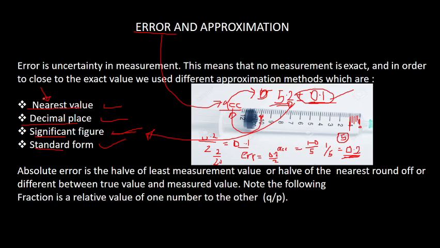But basically, absolute error, that's known as the real error itself, is equal to real value minus observed value. Real value means the actual value, the original value of the measurement. Observed value means the value that you measure, the value that you take.